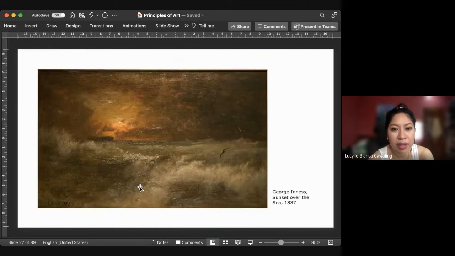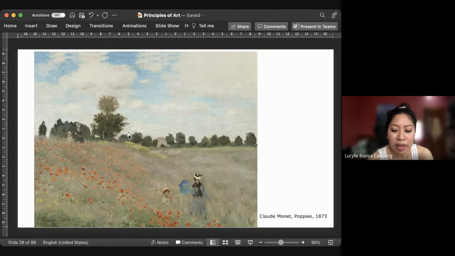And this one also, even if you are using impressionist style strokes, you could also give contrast here by using color and values.